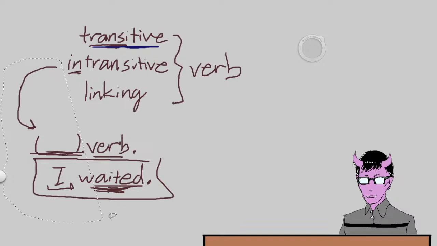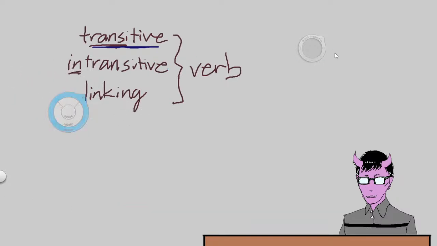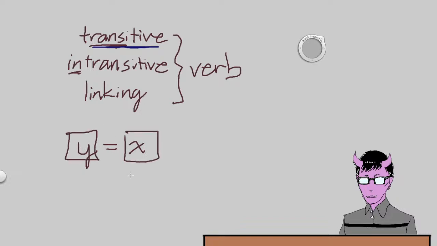So that is the intransitive verb, and then going to the linking verb. The linking verb is basically an equality statement for the most part. I like to think about it as an equal sign. Stemming from mathematics, if you have y on one side and x on the other side and you say it's equal to, then we are saying this is, for all intents and purposes, the same as this one.